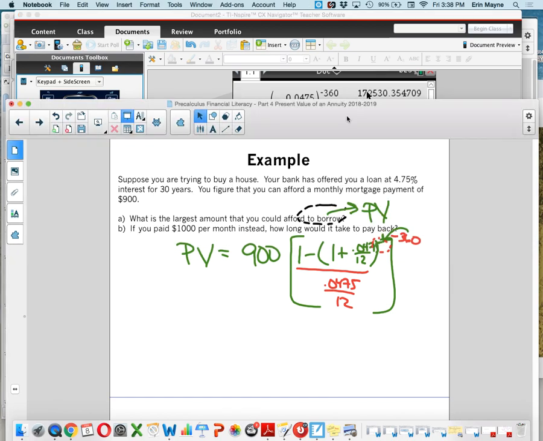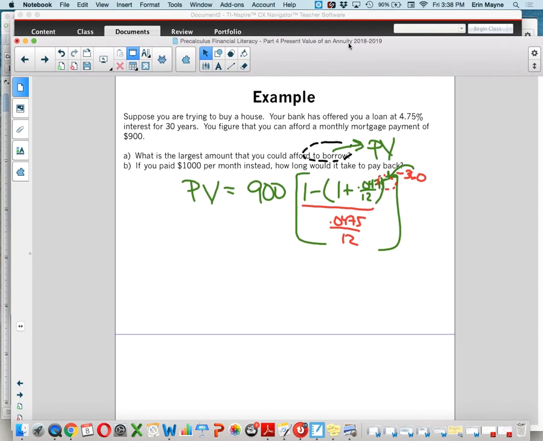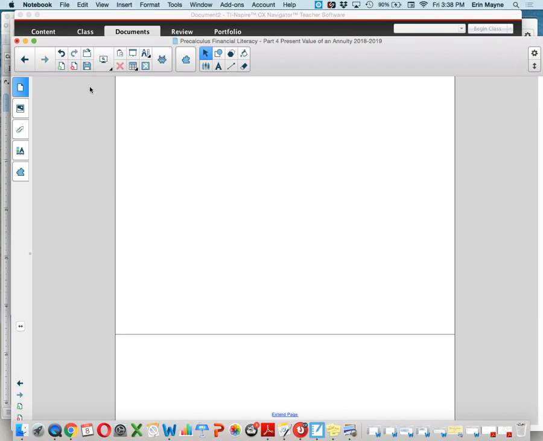Okay, so when we go to answer part B is where we really want to pay attention to the algebra of this. I want to emphasize that when we're thinking about part A and we find this $172,530.35, that is, again, a present value.